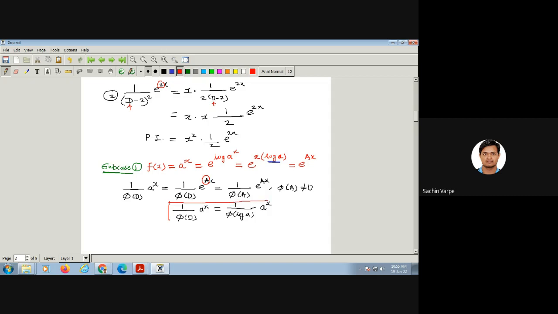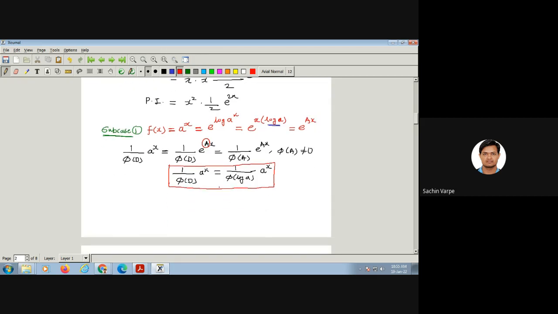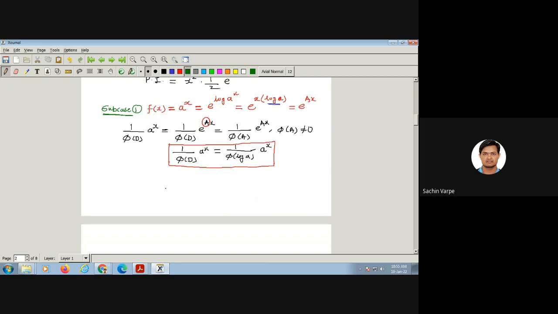Clear to everyone? With the same thing, that if it is a case of failure, we go on taking the derivatives of the denominator. So this is sub case 1. Now sub case 2 says, let me write it on the next page.